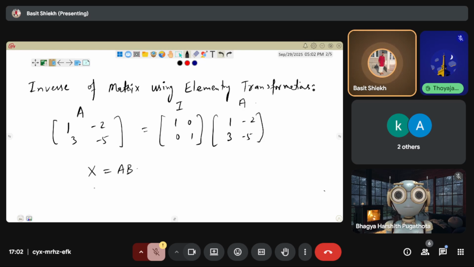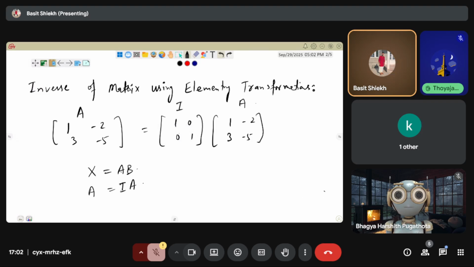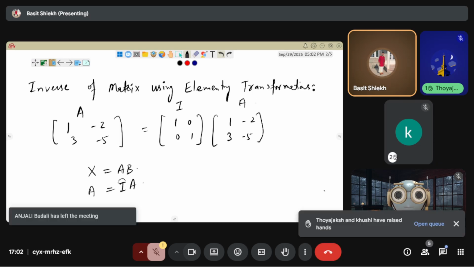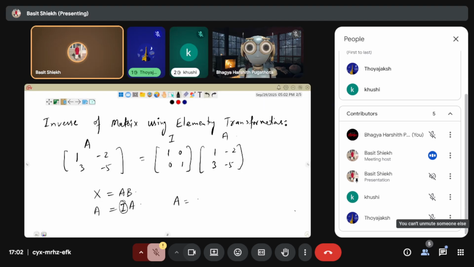Now instead of X I have written A, instead of A I have written I, and instead of B I have written A again. When I want to do row transformation, I will place this I on the left side. And when I want to do column transformation, then I will write A equals to A into I.